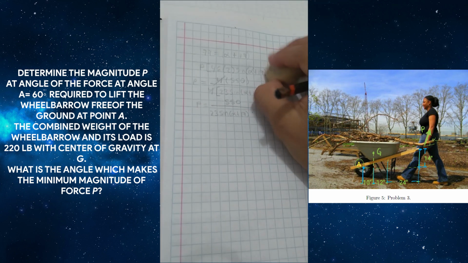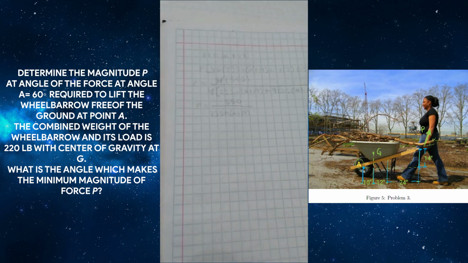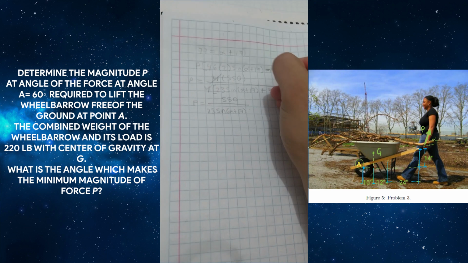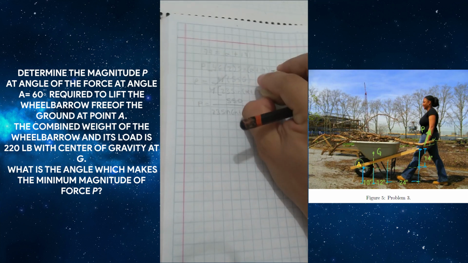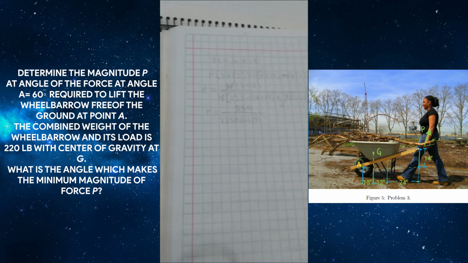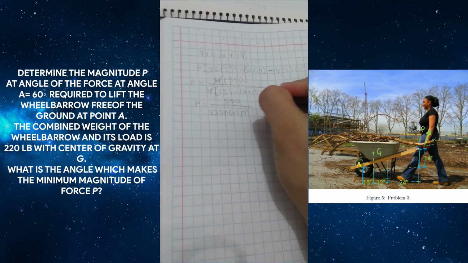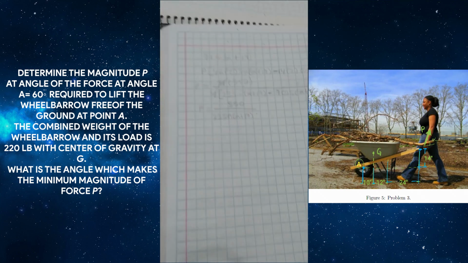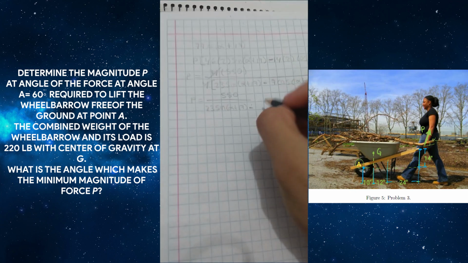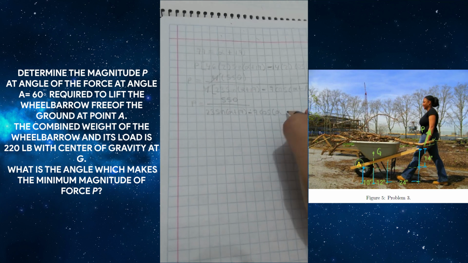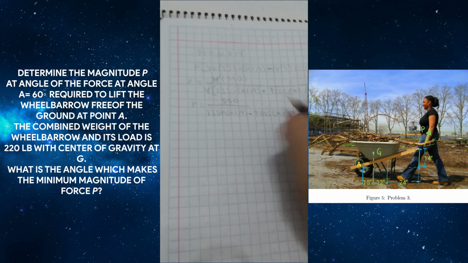Well, this sign is negative. Minus 7 times cosine of alpha plus 17.